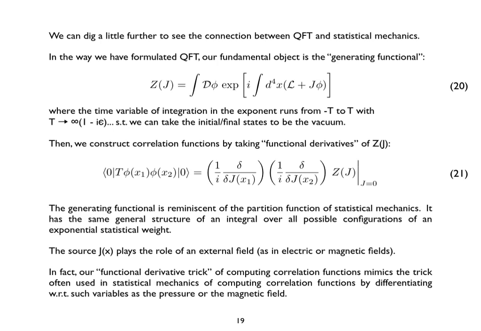And I don't think it's a coincidence that they're both labeled as Z. So for a general scalar field theory, we would write down a generating functional that looks like that, right? Equation 20. And we know that the time integration that's included in that d4x goes from minus T to plus T, where we always take minus and plus T to minus or plus epsilon.